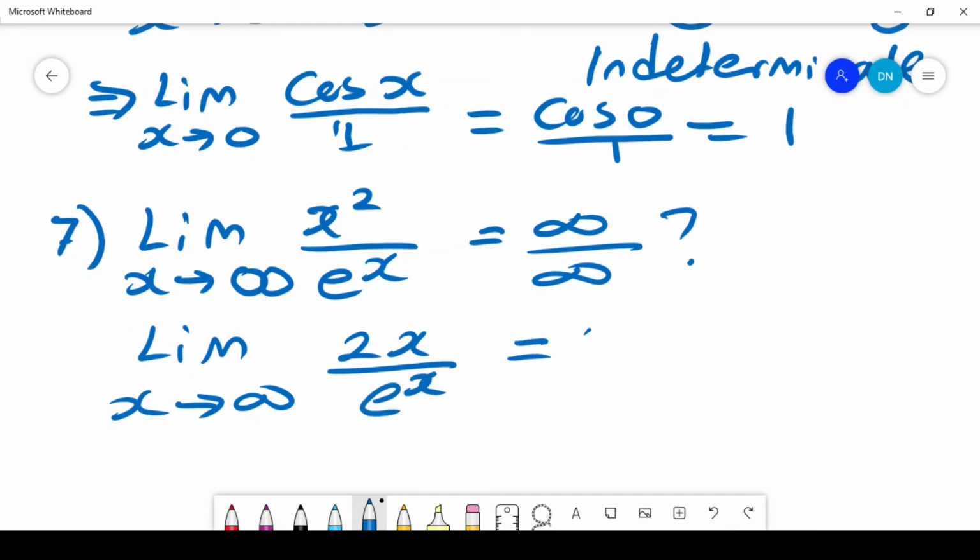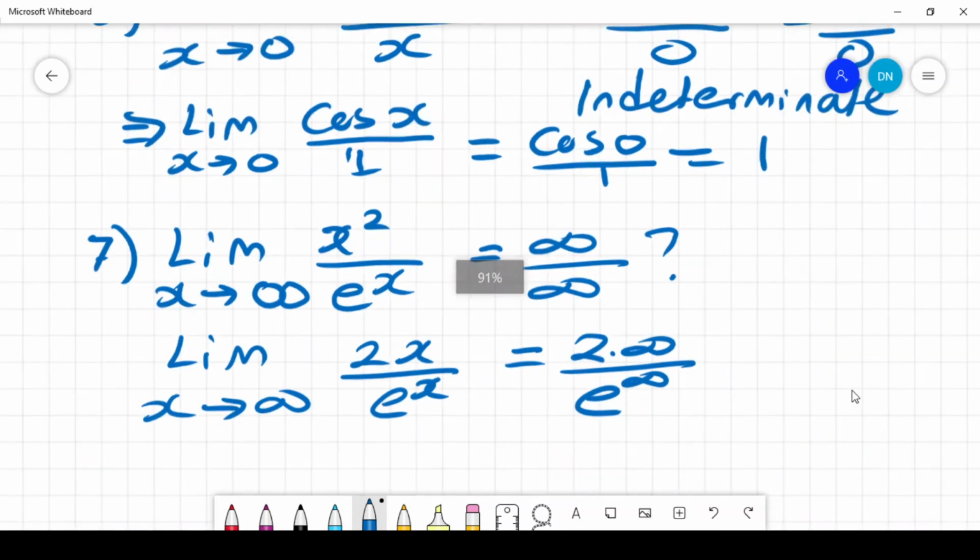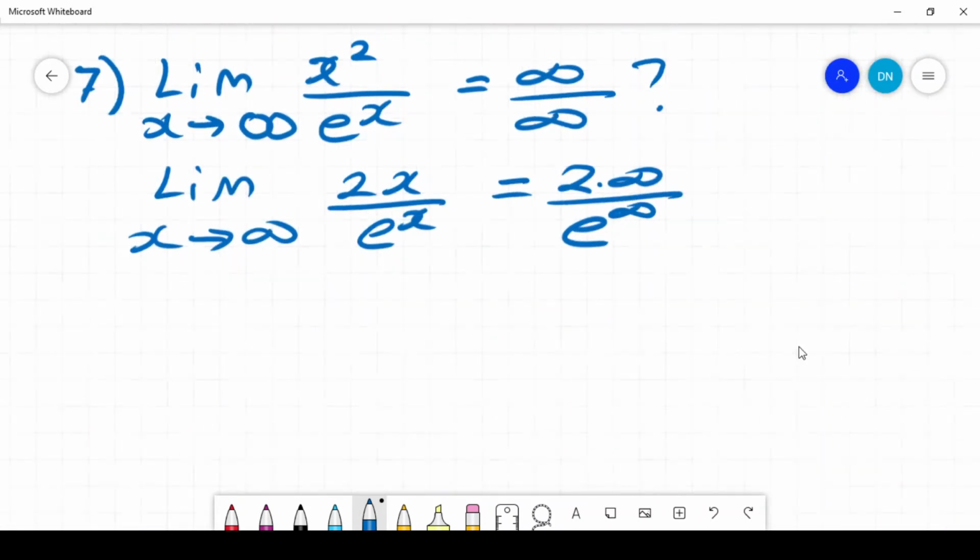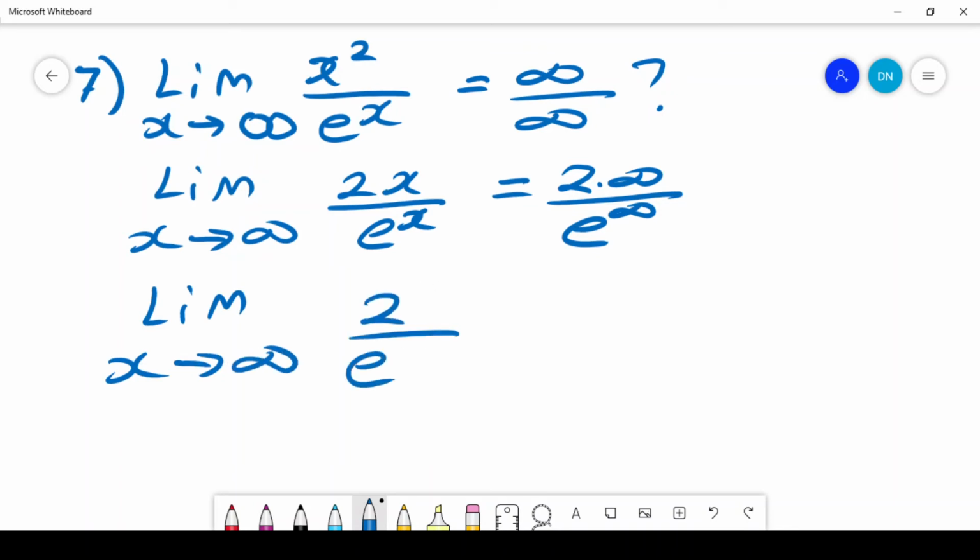If I substitute, I'll get infinity over e raised to the power infinity. Again, that means we repeat the process because it is giving us an indeterminate form. So it will be 4 over e raised to the power x, and that will be 4 over e raised to the power infinity.